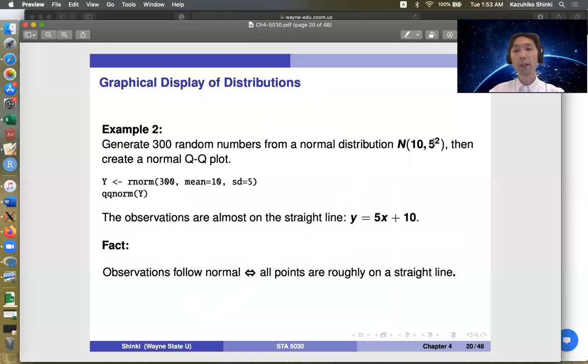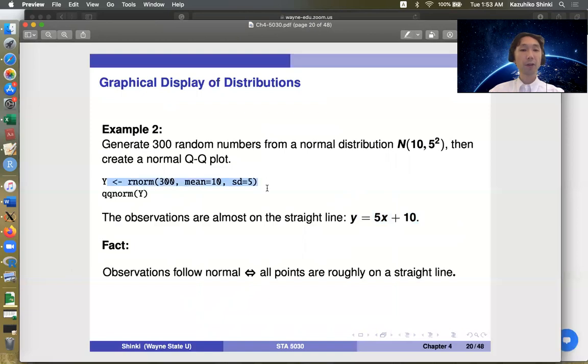And the standard deviation is 5, so the variability of the values is 5 times more than the standard normal. That makes the slope of the trend line equal to 5. Everything becomes 5 times wider in terms of the y coordinate. So we expect that all points are roughly on the straight line y equals 5x plus 10.